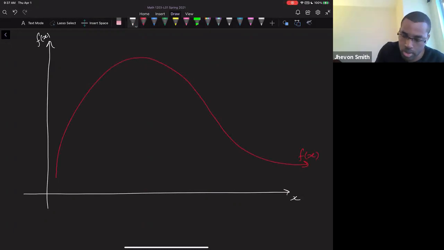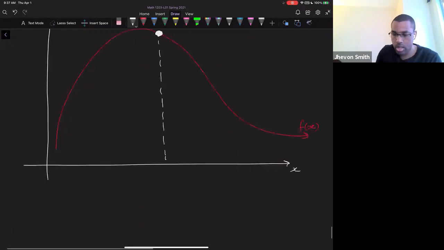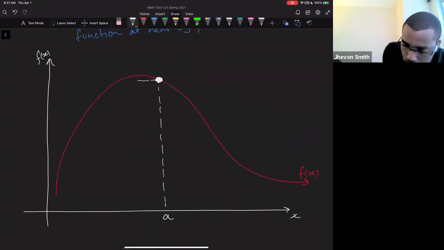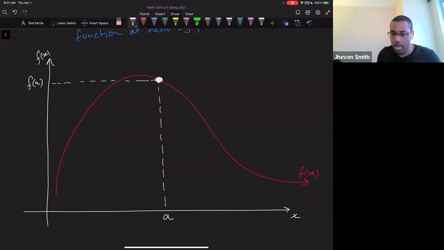And let's suppose at this point right here is input A, and the output is, of course, f of A, right?